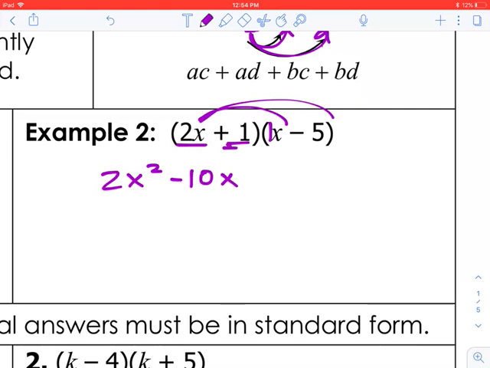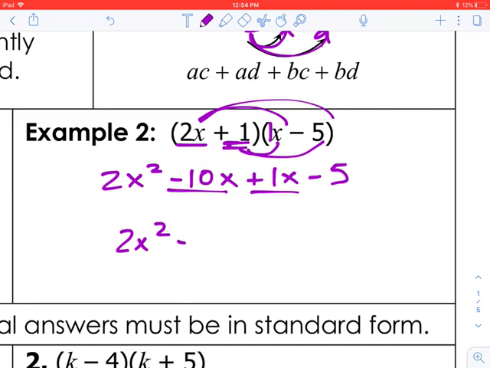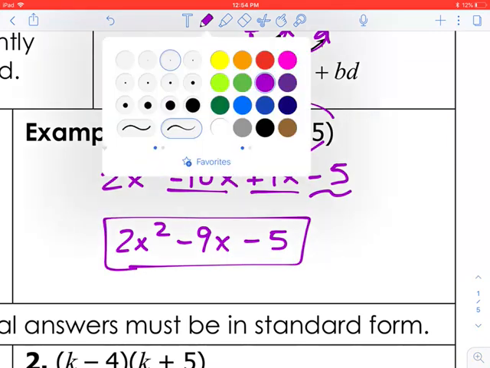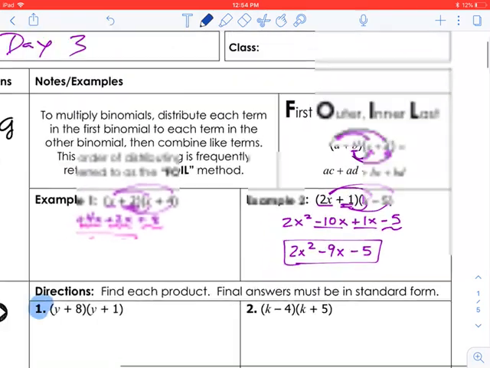And then now positive 1, got to multiply both. 1 times 1 is 1x. Then 1 times negative 5 is negative 5. And again, look for like terms. 2x squared is my biggest one. I've got negative 10x plus 1 is negative 9x. And then our constant, negative 5. And there we go.